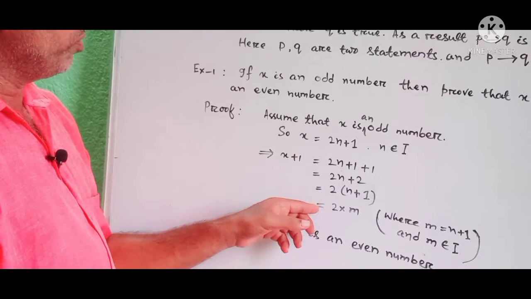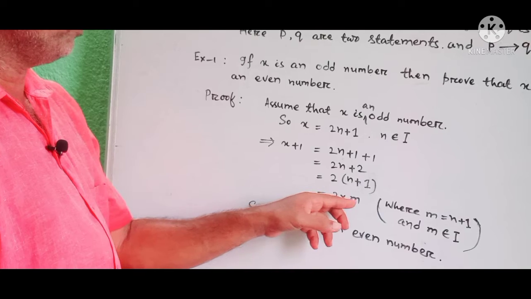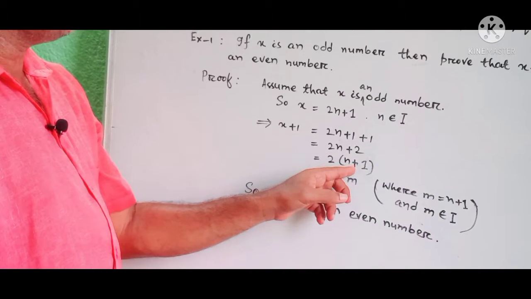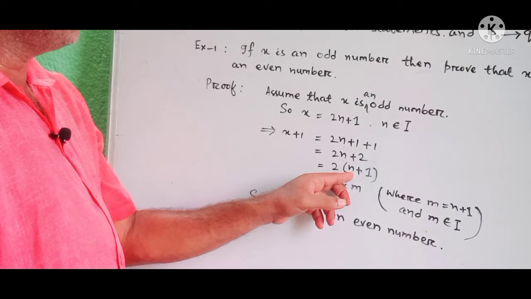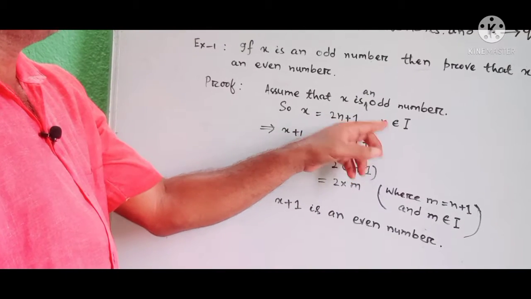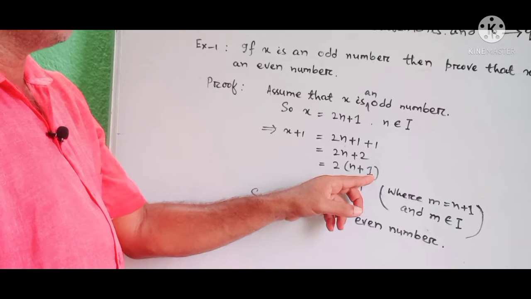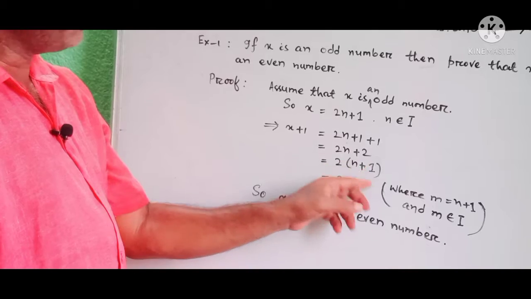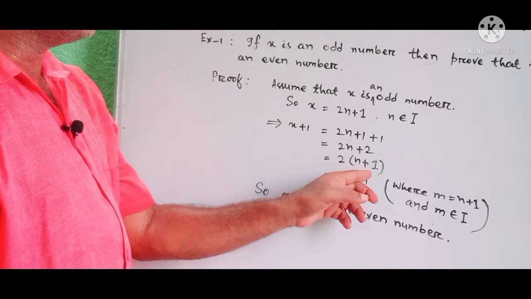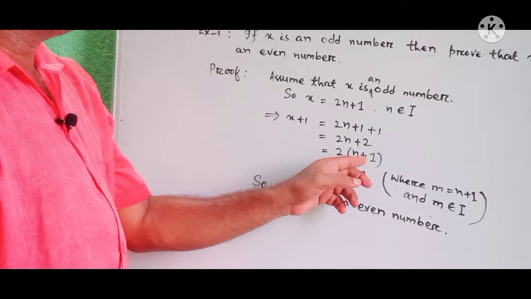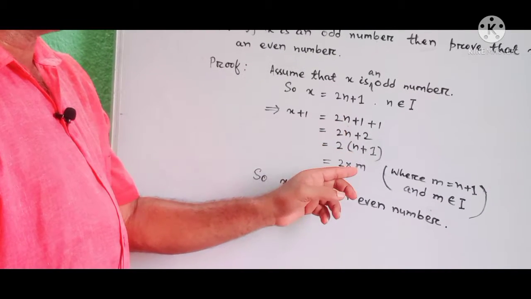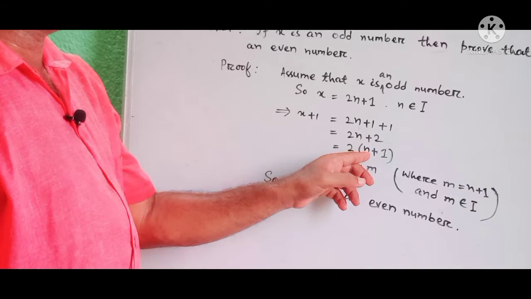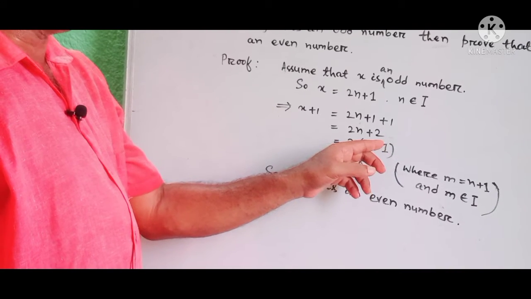So that is equal to 2 into m, where m is equal to n plus 1. Here n plus 1 is an integer, because n is an integer, 1 is an integer, and the addition of n plus 1 will be an integer.